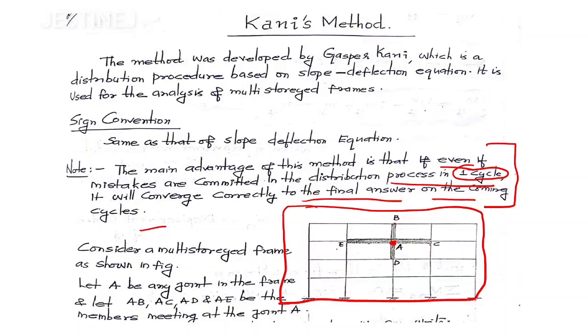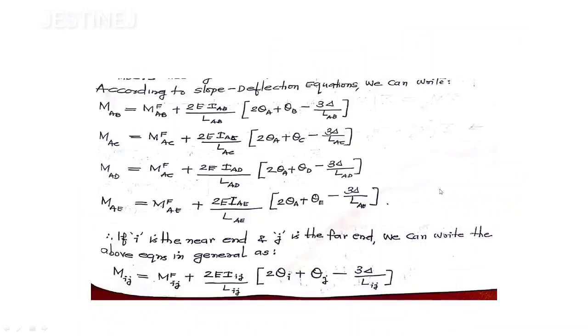Now we will move on to the derivation part. From the multi-storied frame section, you can take a point A, which is connected to AE, AB, AC and AD. After that you have to apply the slope deflection equation.